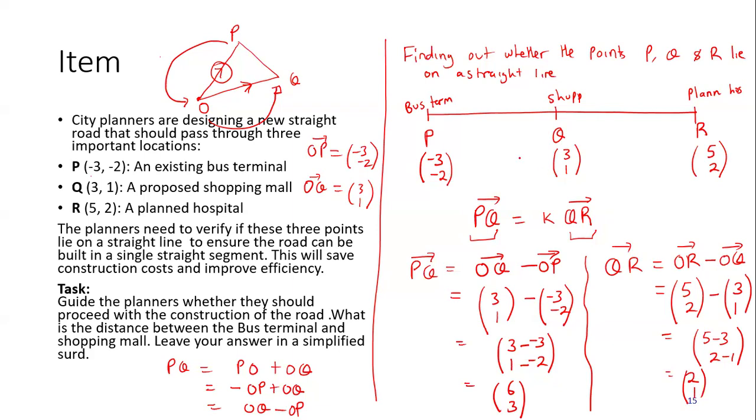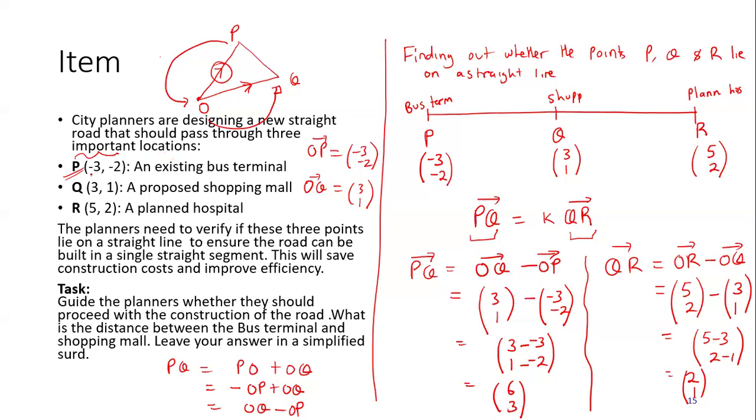Yes, Olive? Excuse me, sir. How have you obtained the arrow to know that it moves from O to R, not R to O? Now, when they give you a coordinate, you can transform it into a position vector.